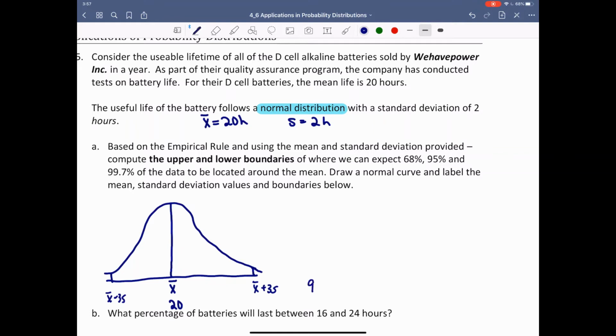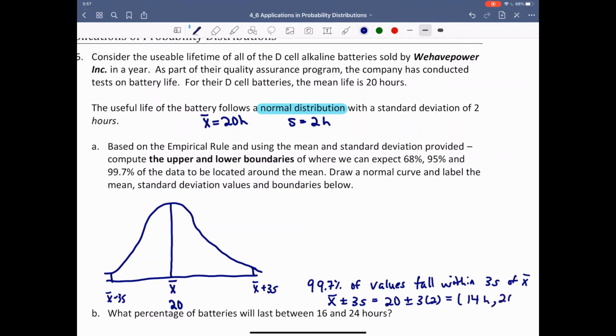And that's x bar plus or minus 3s, which is 20 plus or minus 3 times 2, and gives us a lower value of 14 hours and an upper value of 26 hours. So we can fill that in. So 14 and 26.